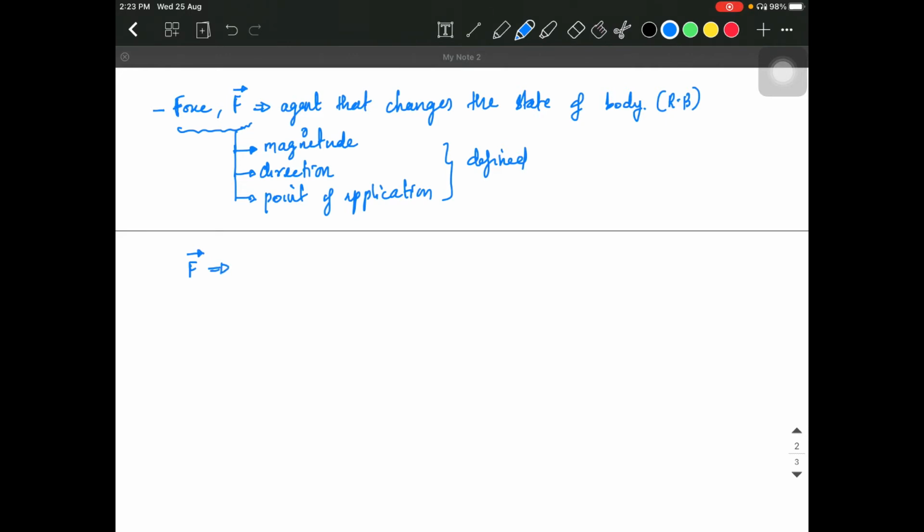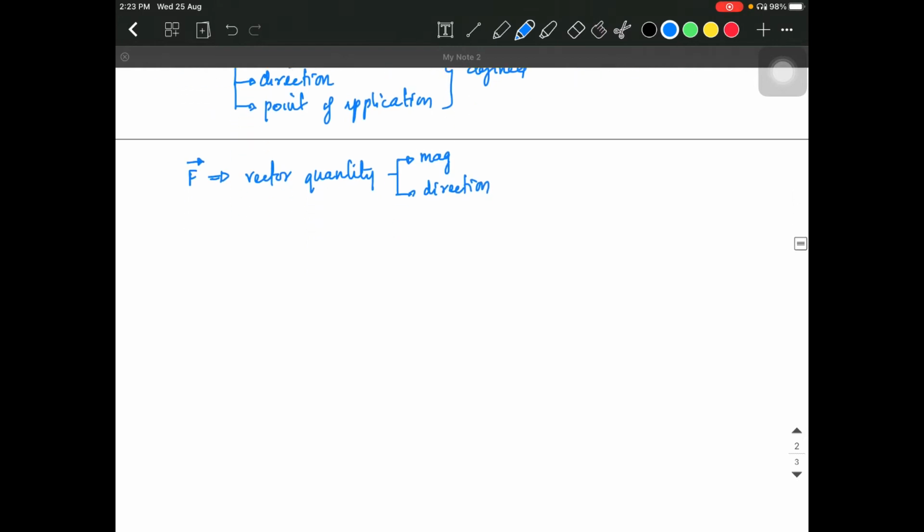Force is generally denoted like this, F with an arrow over it. This simply means that force is a vector quantity. A vector quantity is something that has both magnitude and direction. Let's represent it in a Cartesian coordinate system, with x, y and z axes.